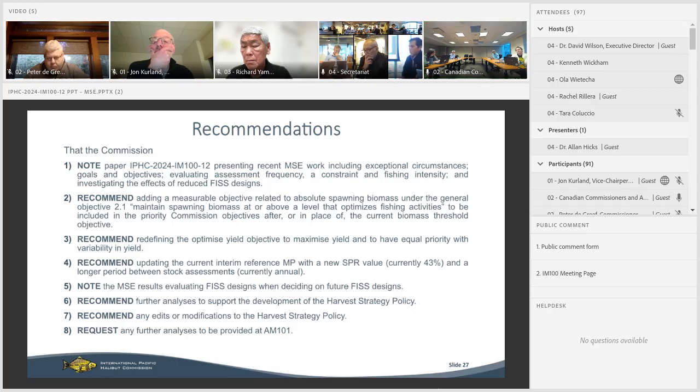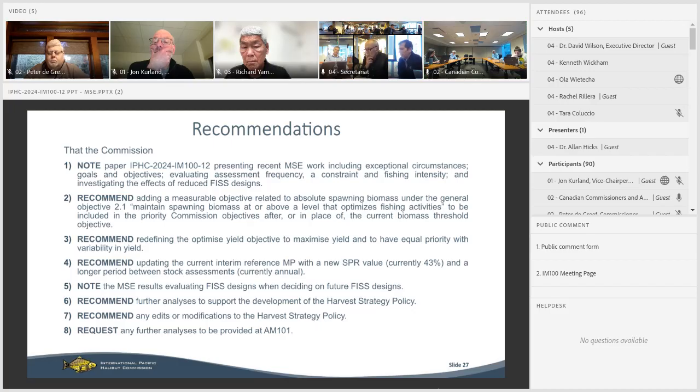So I have two questions. Right now our objectives related to this are actually about relative spawning biomass, so I was curious about that distinction. And I noticed that the recommendation said it could be in addition to or in place of. Could you tell us a bit more about what it would mean to do it in addition to as opposed to in place of the current objective?